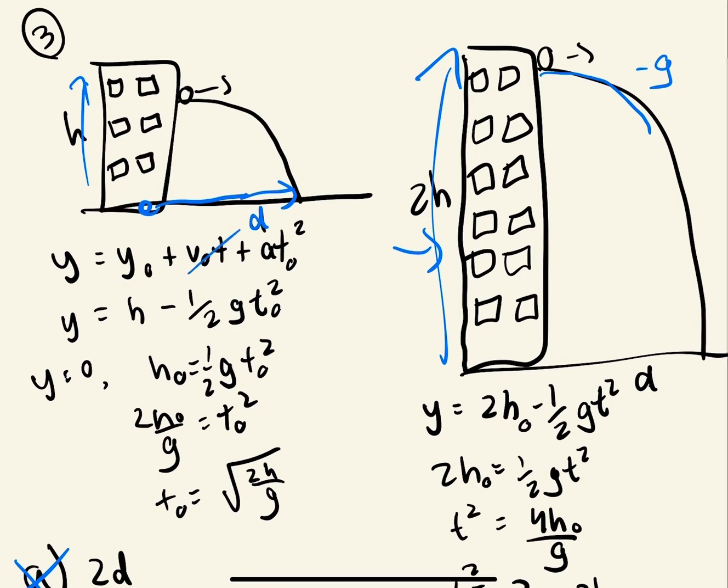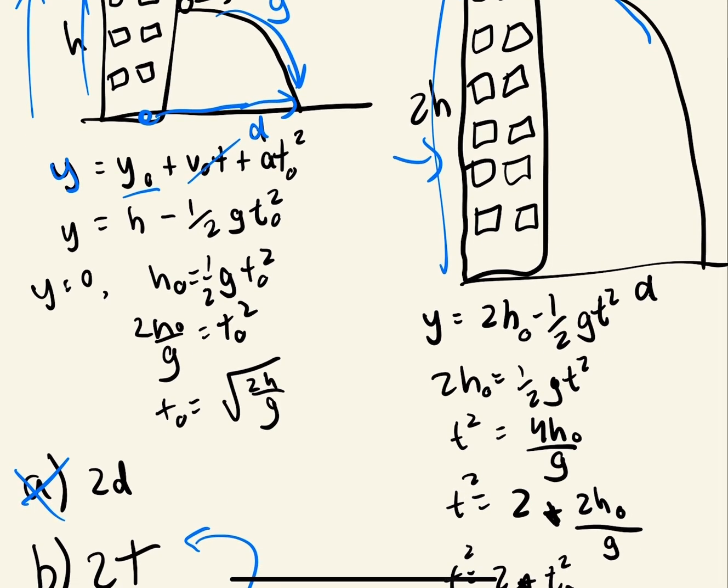So the initial vertical velocity is zero, so it drops out of the equation. So y is equal to y0, which is the initial position, plus v0 t, plus a t to the second power, and then continue the equation. y0 becomes the height of the building, and it's minus, obviously, because it's going down and gravity is acting on it, so it's minus one half of gravity times t to the second power.